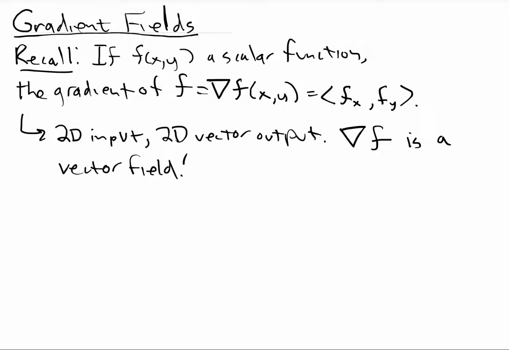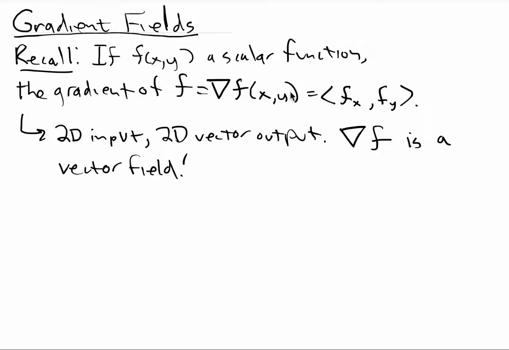Recall, a couple sections back, especially when we were talking about the directional derivative, we started talking about a function called the gradient. Now, if f of x, y is a scalar function, we found the gradient of that thing by basically building a vector that contained all of the first partials of that function in listed order, right?